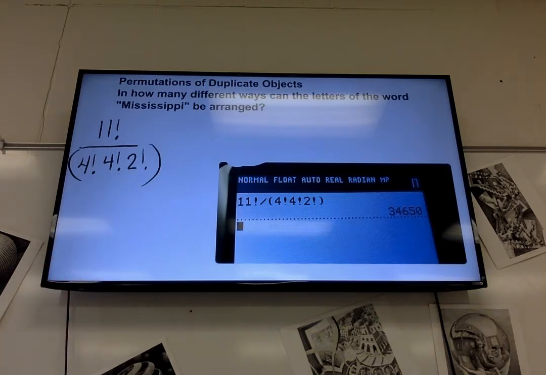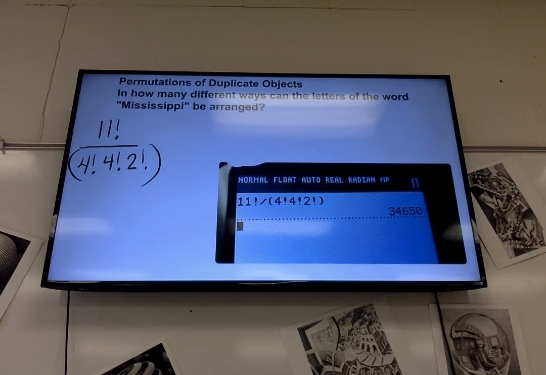How do you go there? You type the number, and then you hit Math, cursor over to PRB, because that stands for probability. Then over to PRB. Oh, you can hit enter on it, or you can just hit the number 4. Oh, but it's answer.